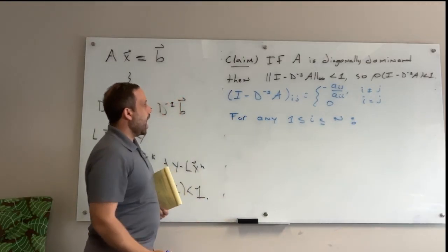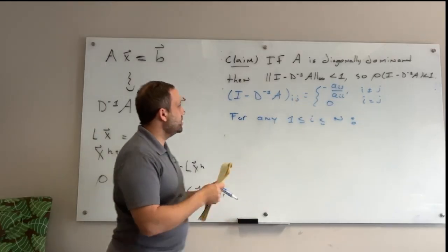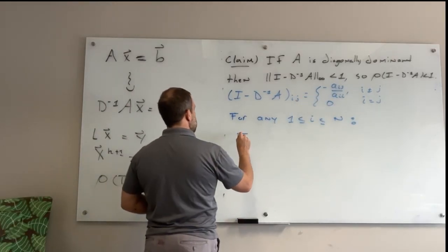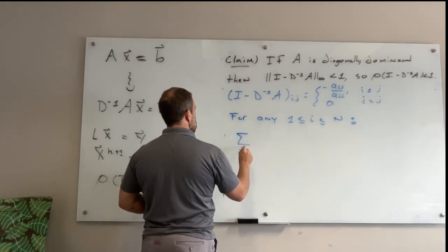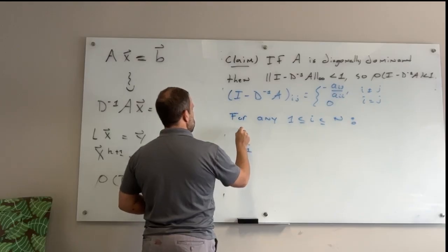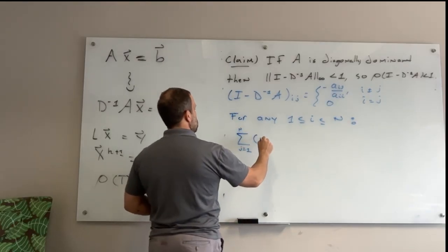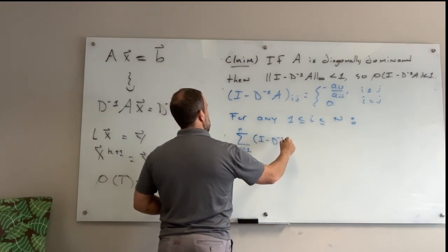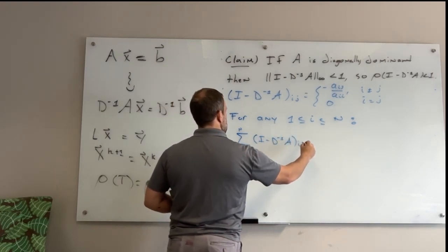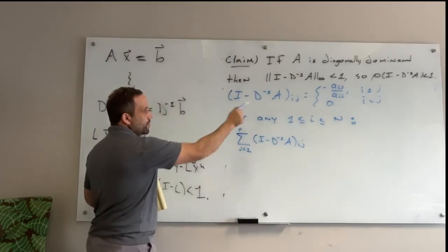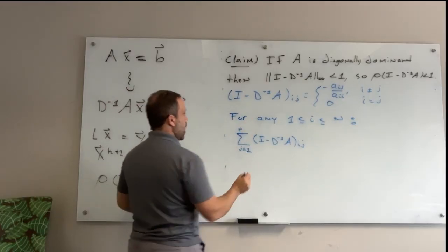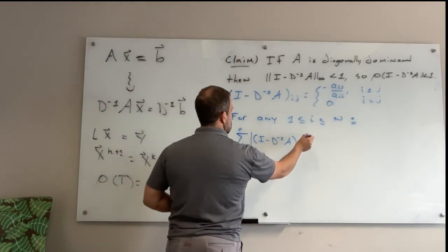So if I look at any i, this tells me what the formula for the ij entry is. So I'm going to look at the sum, j equals 1 to n, of I minus D inverse A, ij. Okay, this is my formula right here. And I actually want the absolute value of this.